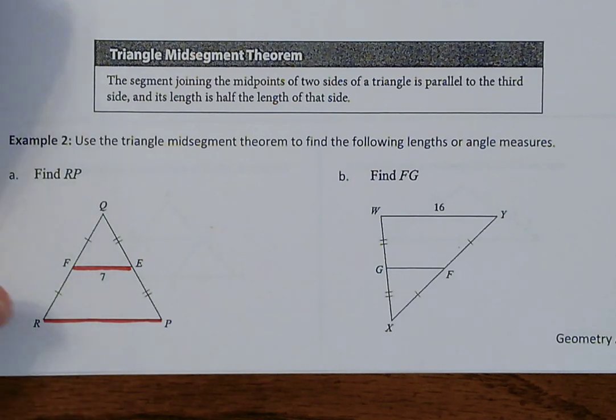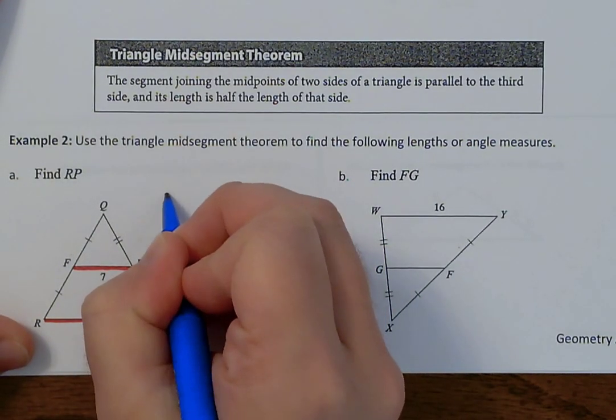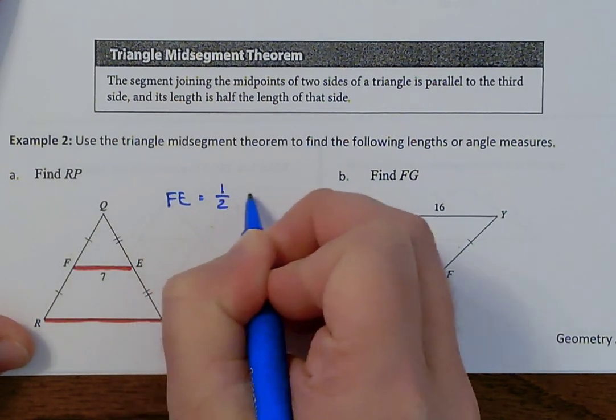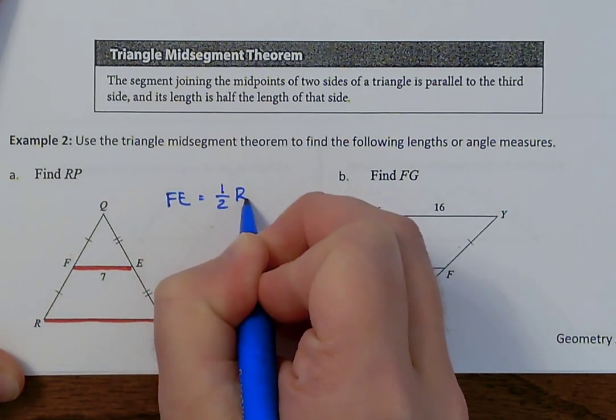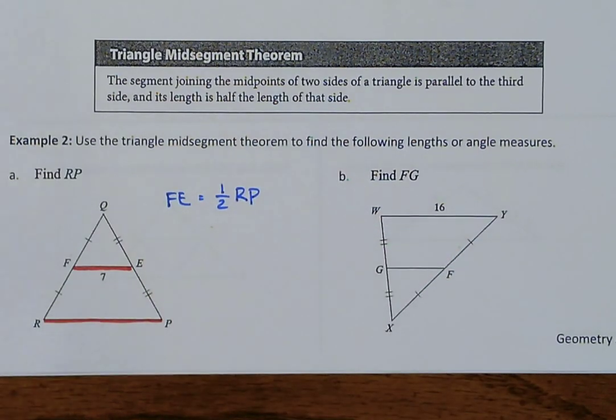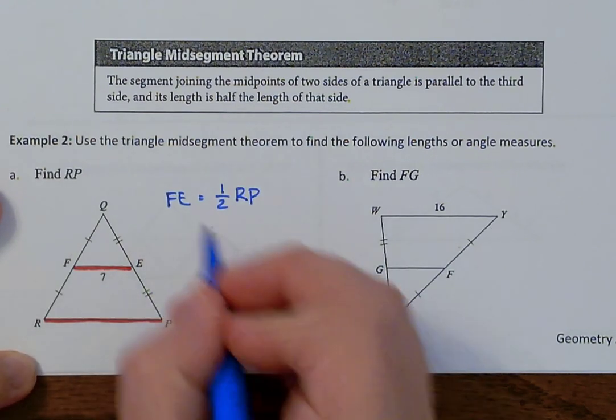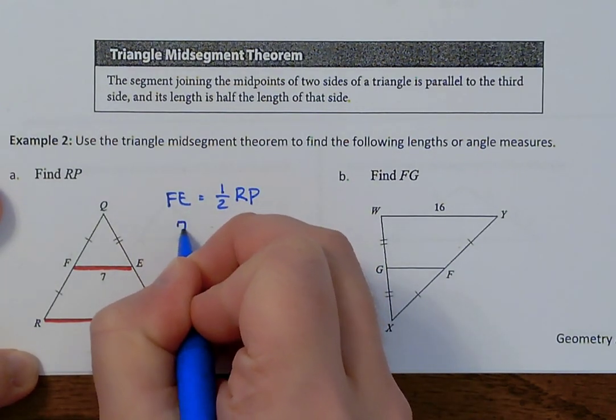So that's going to be my equation: FE is equal to 1/2 the length of RP. Knowing that, we're going to plug in the stuff we know. I know that FE is 7 based off the diagram, so I'm going to plug 7 in for FE.